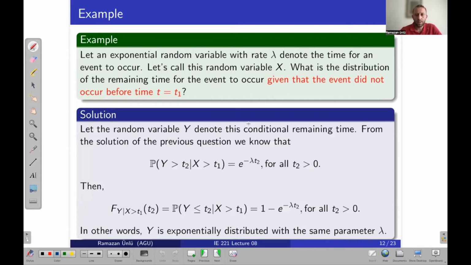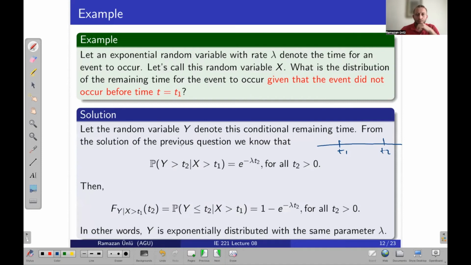So again, let me draw the interval T1 and T2. If we have an interval, and if we know the distribution of that interval, say the first variable is exponential, the other part will also be exponential, okay?